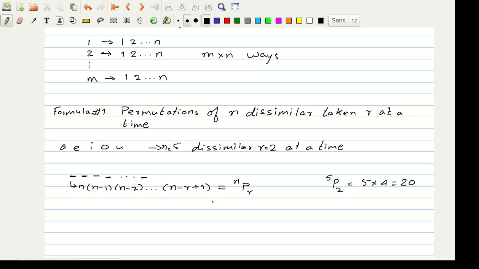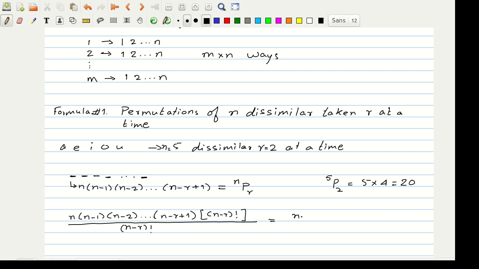Now let us look at this formula carefully. We can write this as n, n minus 1, n minus 2, up to n minus r plus 1, and if I multiply this by n minus r factorial and I divide this also by n minus r factorial, now the numerator is simply n factorial, right, because it goes from n all the way up to 1.